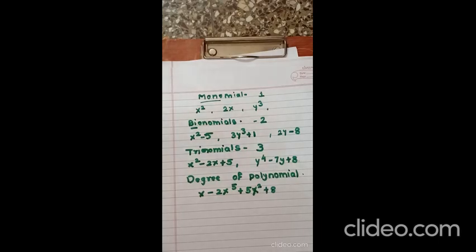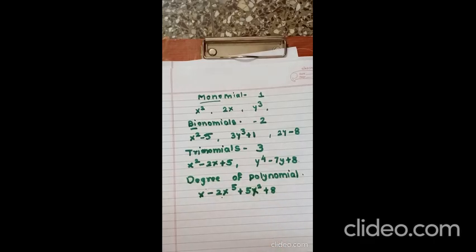This polynomial contains 4 terms and each has a degree. x is degree 1, 2x raised to 5 has degree 5, then 5x square has degree 2 and 8 is 8x raised to 0. So, the highest degree in the polynomial is called the degree of a polynomial.